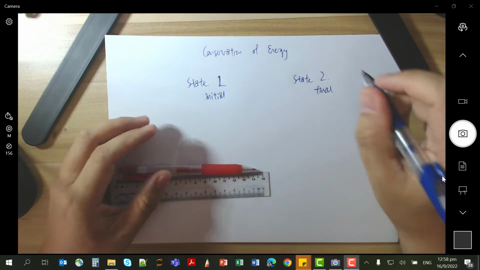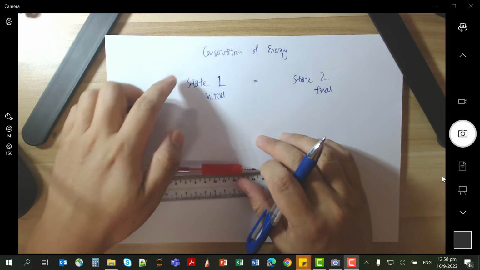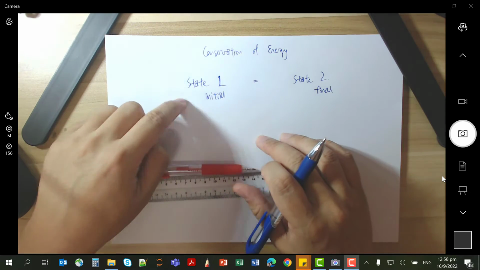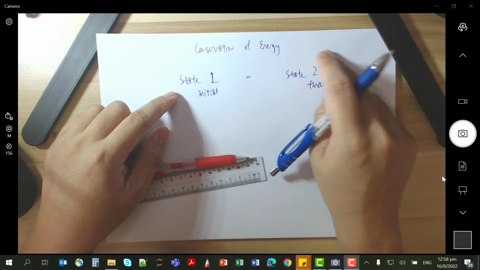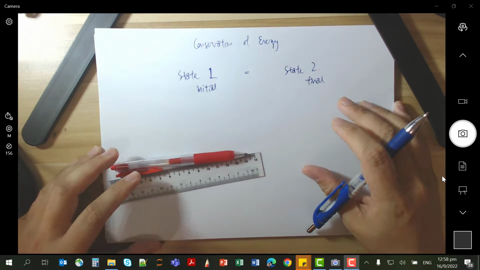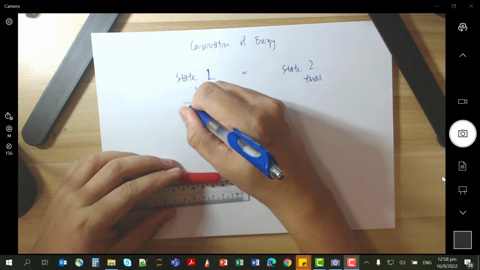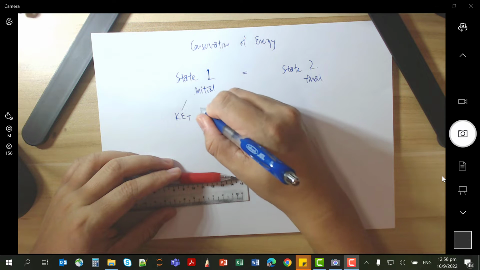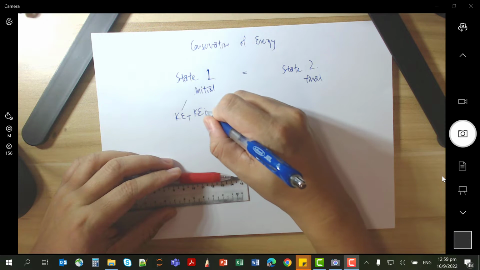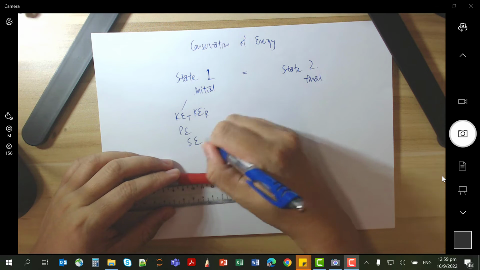And what the conservation of energy says is that they should be the same. The energy at this point should be the same as the energy at the end of the process. So what is inside state 1? Well, you have all your energies. You have your translational KE, rotational KE, potential energy, and spring energy.